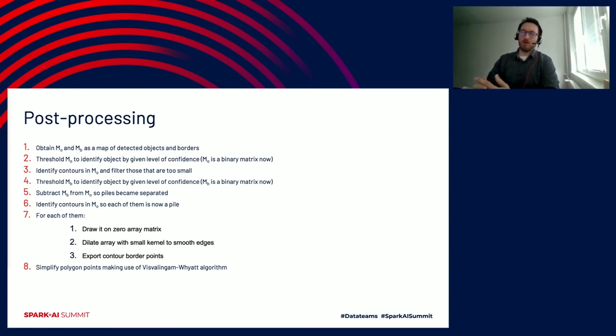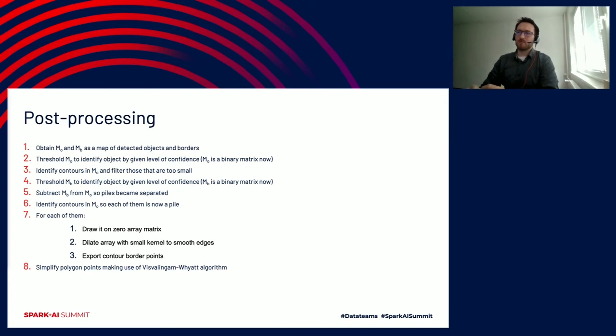And because object detection was much better, and our motivation is basically to remove or to mitigate the false hits, the level of confidence on object detection was much higher. It was like 0.5 or 0.55. So this was thresholded by this level, and the binary matrix was a product of that.